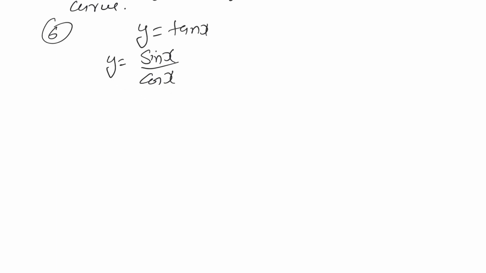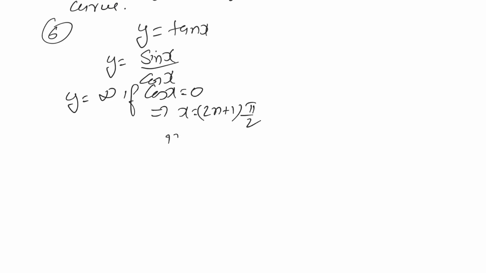Therefore, we can write y is equal to infinity if cos x is equal to 0. This implies that x is equal to 2n plus 1 pi by 2, where n is belonging to set of integers, okay, which is 0, plus minus 1, plus minus 2, and so on.